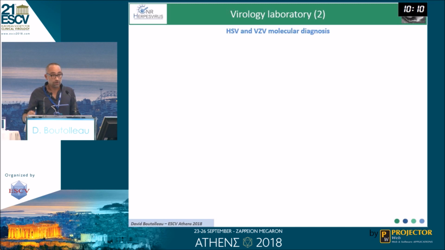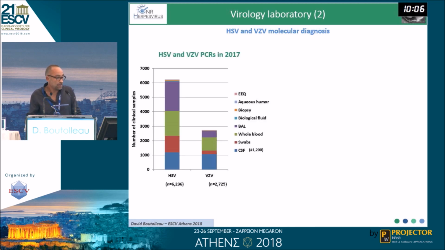So now, focusing on HSV and VZV molecular diagnosis. This is our activity of HSV and VZV PCR last year. You can see we performed more than 6,000 HSV PCR and almost 3,000 PCR for VZV, especially on CSF, here in blue, about 1,200.